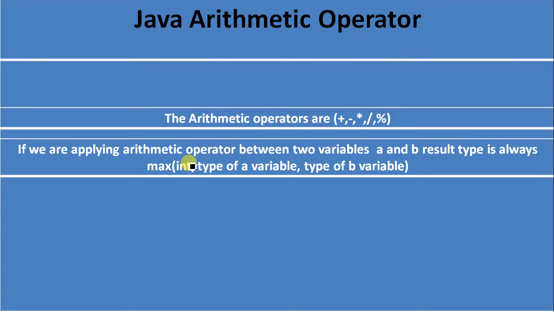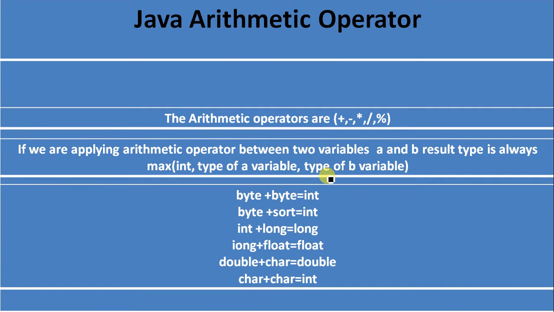If we are applying an arithmetic operator between two variables a and b, the result type is always max of int, then type of a variable and type of b variable. It is a very important thing. Let me make it clear.